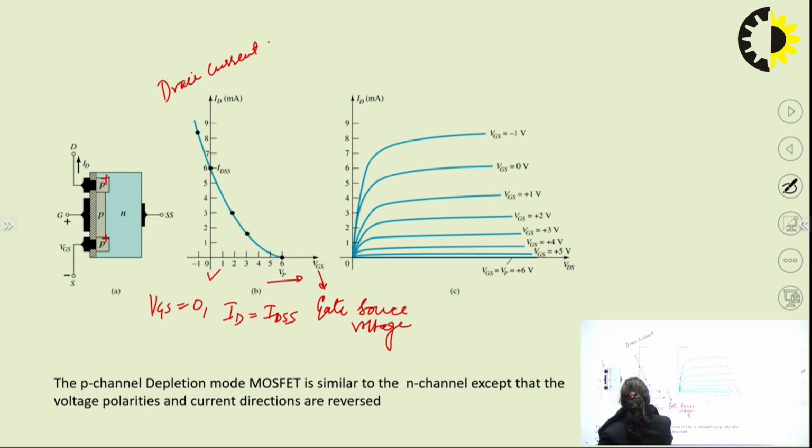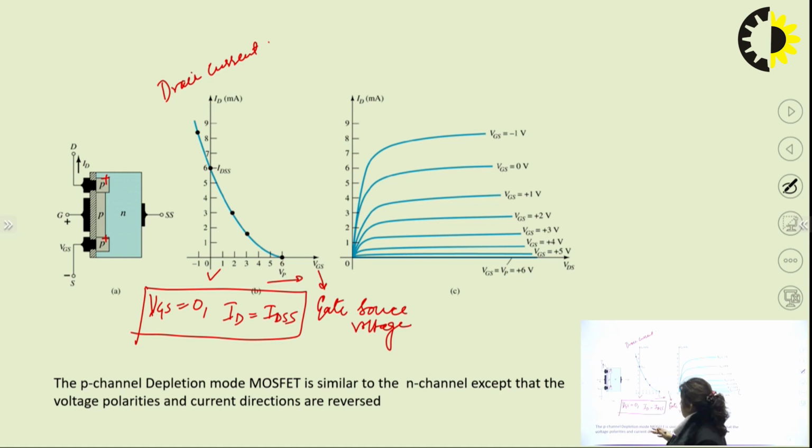Whenever the gate source voltage is 0, the current is higher, and when you increase the gate source voltage in the P type depletion MOSFET, the current keeps on decreasing. In the negative direction it's opposite: whenever you increase the voltage in the negative direction, the current keeps on increasing, just reverse from the N type depletion MOSFET.